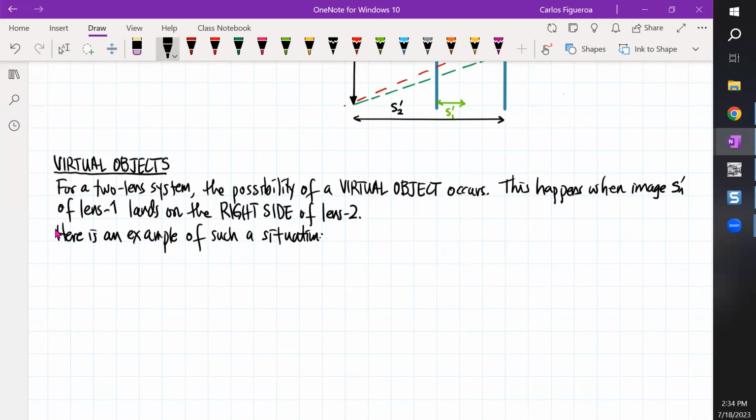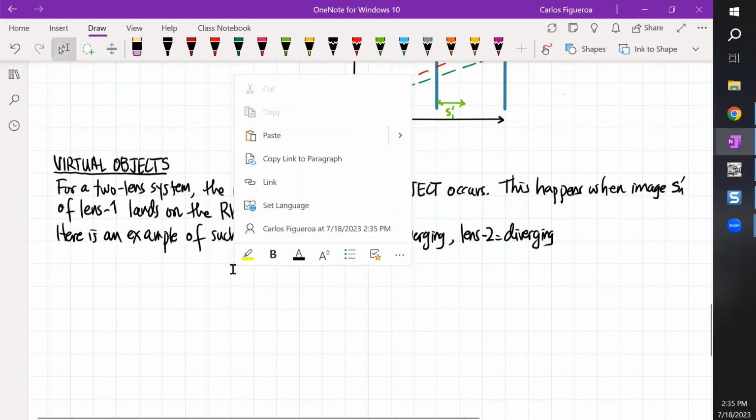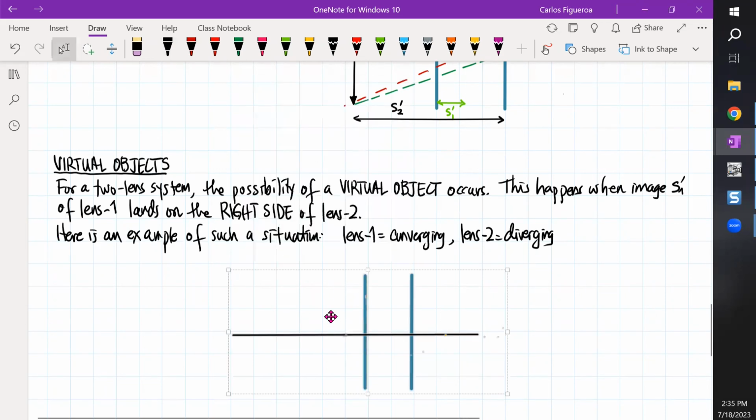And what I'm going to do here is say that lens 1 is a converging lens. Lens 2 is going to be diverging. So this is going to get messy, so let's see if I can make this clear of how this images.